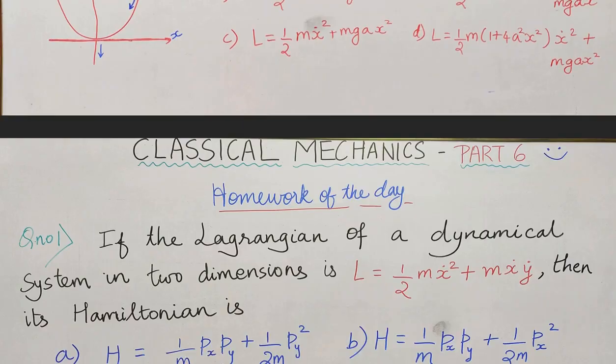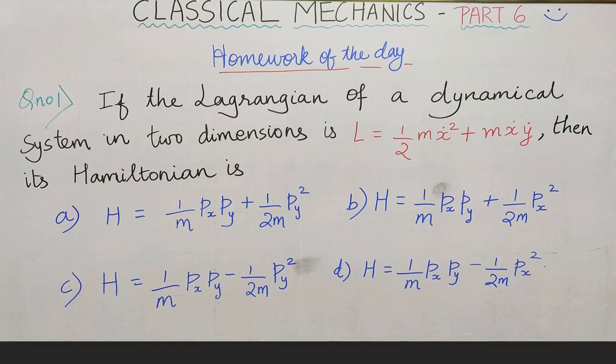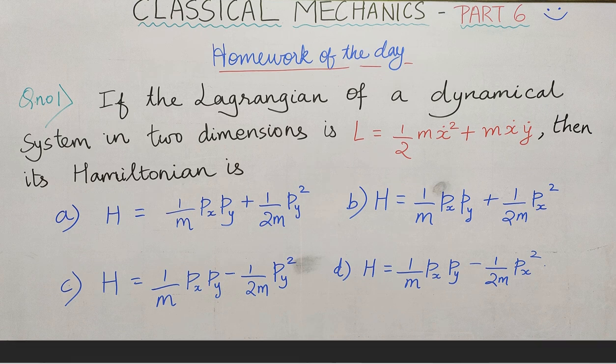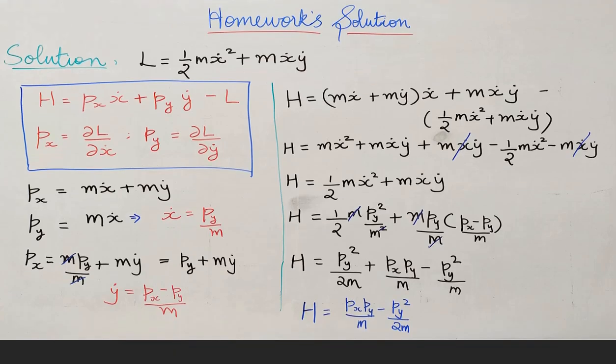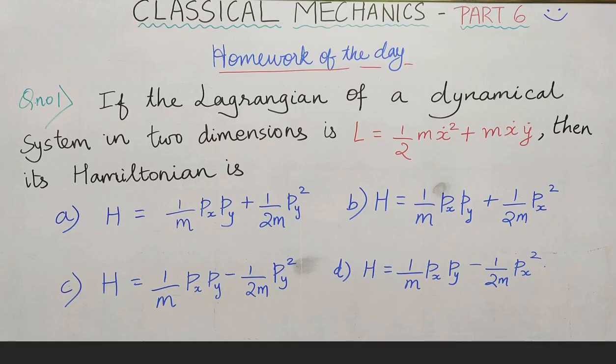So let us see the homework solution from my last video. My last problem was for the Lagrangian of a dynamical system in 2 dimensions. I had given the Lagrangian and you had to find the Hamiltonian. We know the conversion formula, so I'm going to use that. Here there are two variables, x and y.